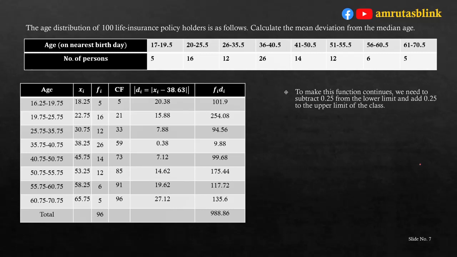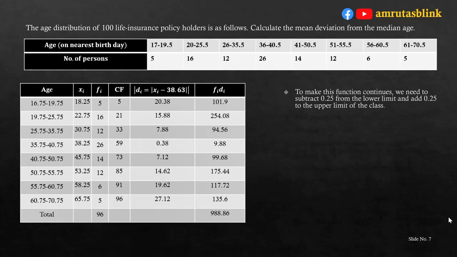Hence, in the first column of the table, we will write down the revised classes. Now, for the first class, that is from 17 to 19.5, from 17 minus 0.25, we should get the lower limit of the first class as 16.75, and upper limit of the class is right now 19.5.